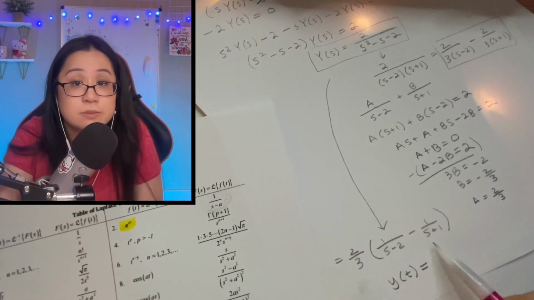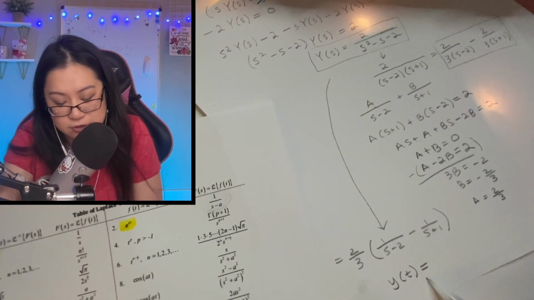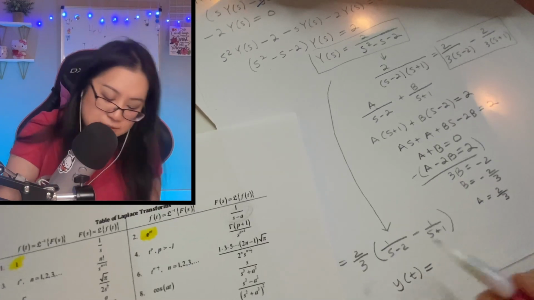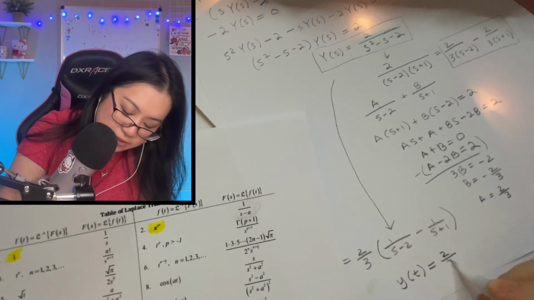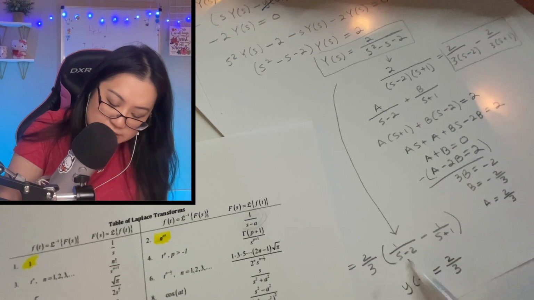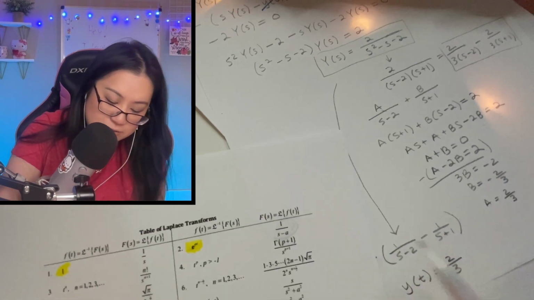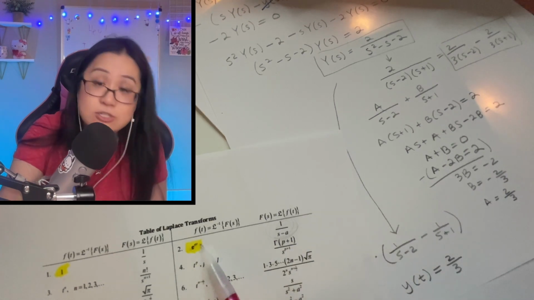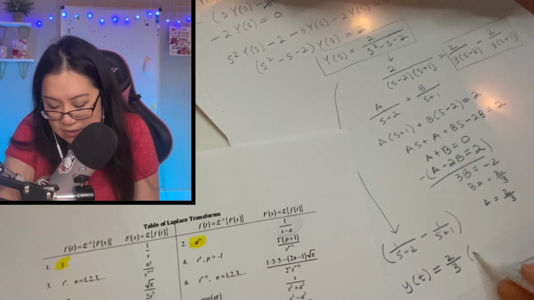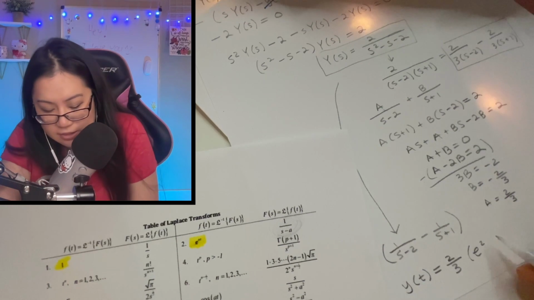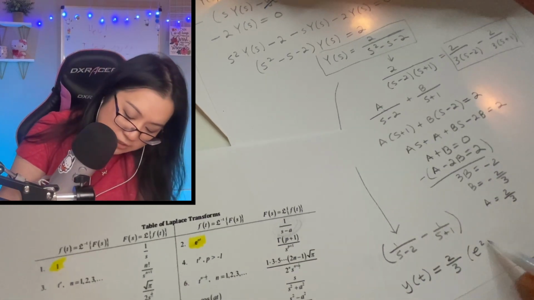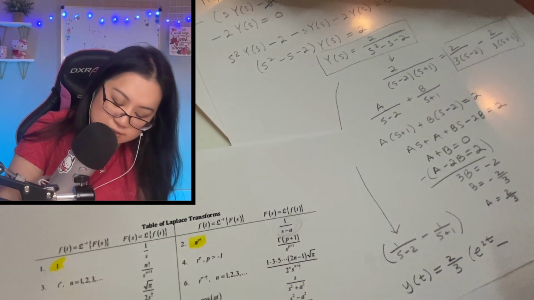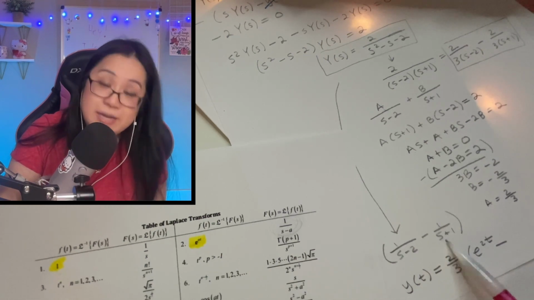So this is the Laplace transform of my function. When I do the inverse Laplace, I can still pull out the constant, and then this 1 over s minus 2 is 1 over s minus a, so a is 2 here, so it's e to the 2t. And then minus, s minus minus 1, right?